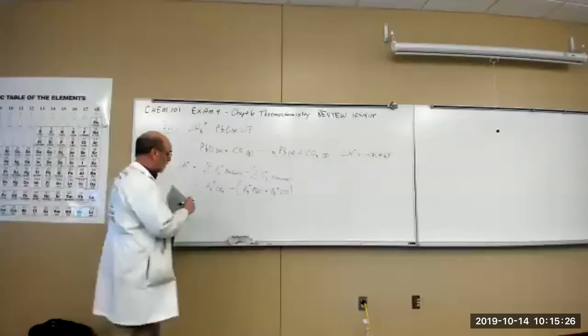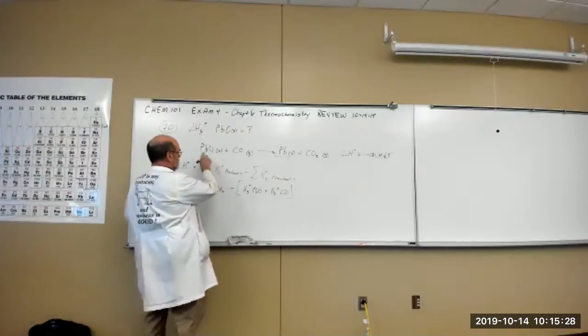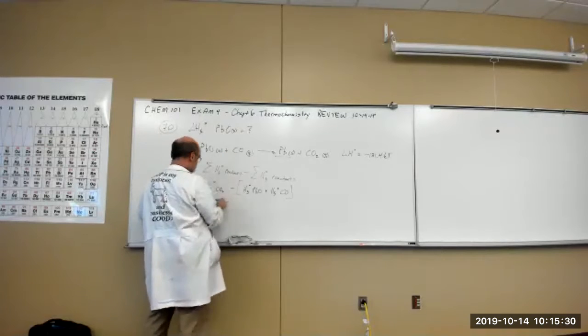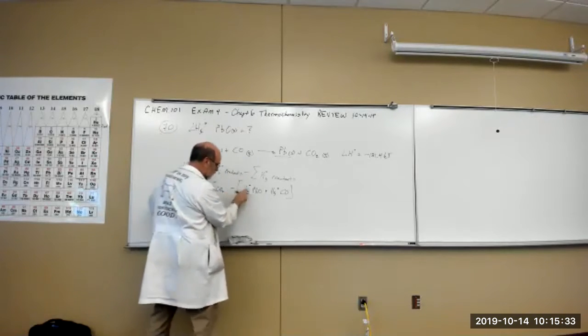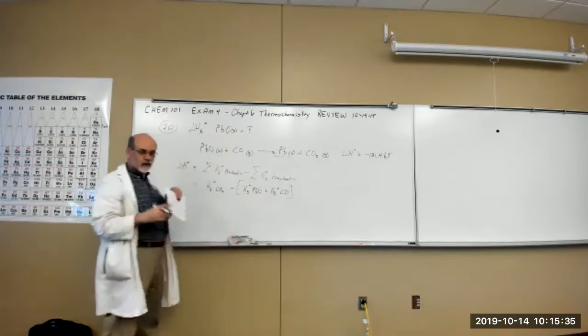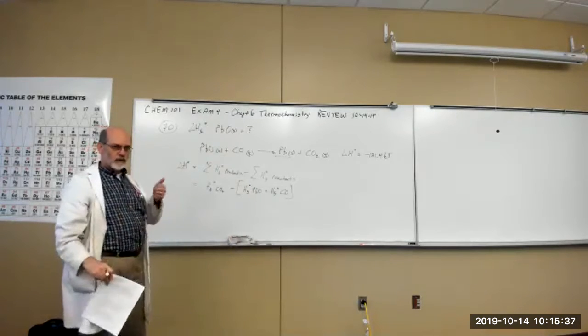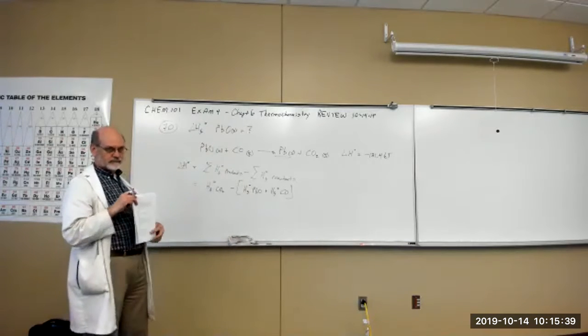Like I said before, if there's anything but 1 up here, you multiply that in front here by each one of these. Because the heat of formation is based upon 1 mole of each.